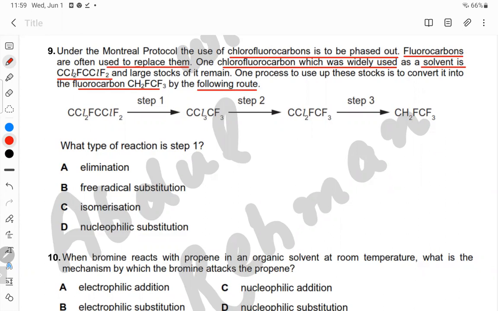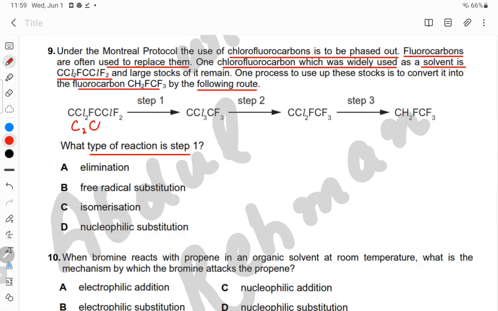Now, which type of reaction is step one? First we have to identify any change, whether any atom is decreased or increased. If you write the molecular formula, how many carbons are there? 2.